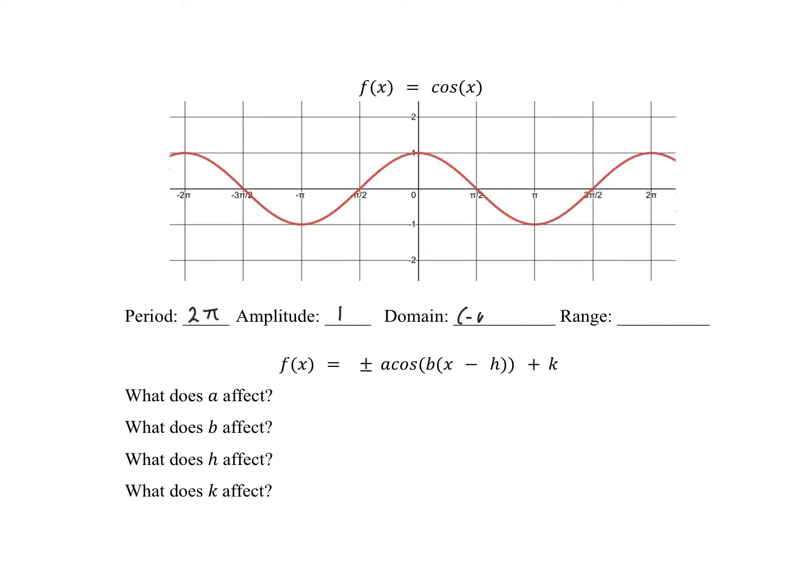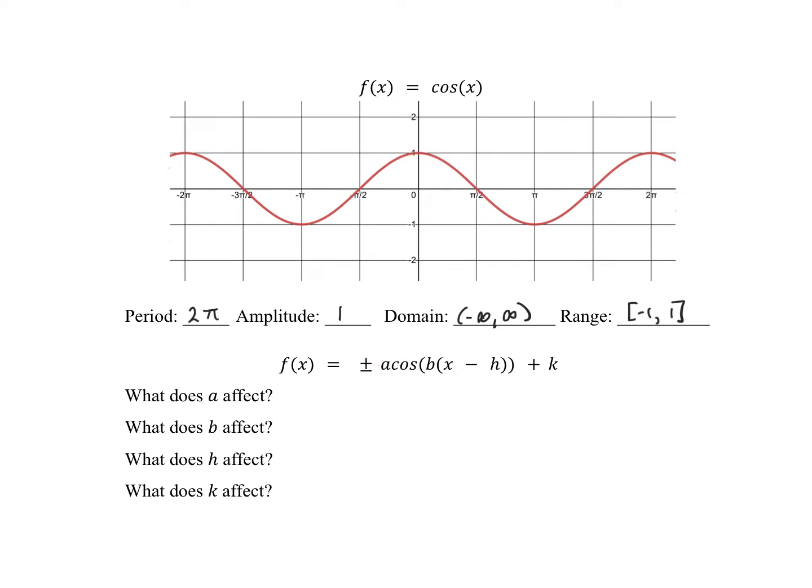Our domain is always going to be all real numbers for these, and our range is between and including -1 and +1. So of course we're going to be graphing with transformations today. So we could see that negative out front, which would cause a reflection over the x-axis. This a value, in terms of our trigonometric terminology, since it's a vertical stretch, our y values would be stretching or shrinking.